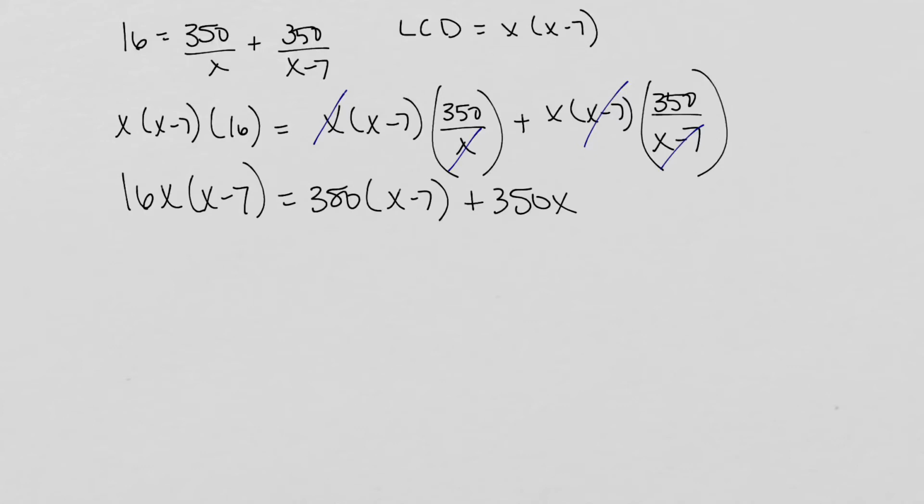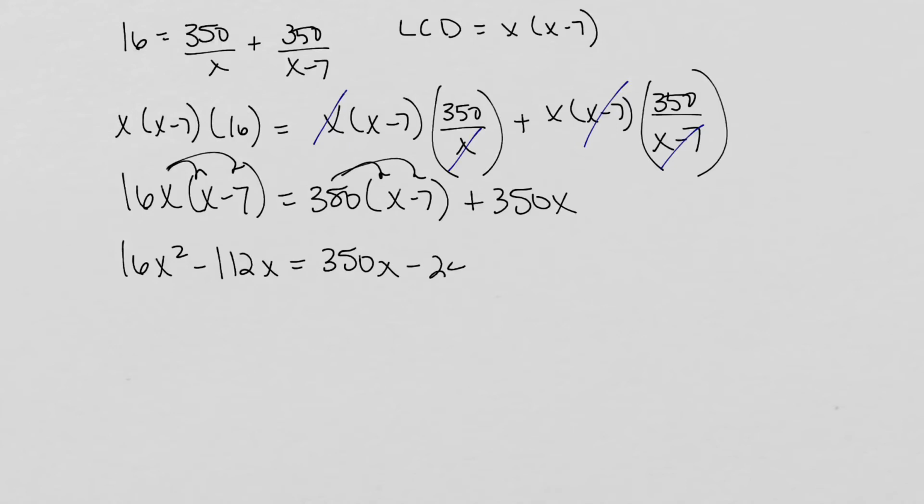If I distribute on the left, I'm going to have 16x squared minus 112x. When I distribute on the right, I'm going to have 350x minus 2,450 plus 350x.